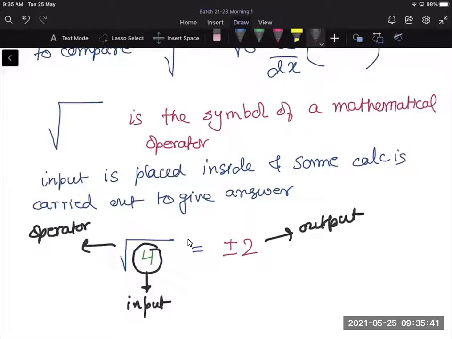If someone asks me under root 13, I'll have to carry out some calculation, but the notation will remain the same. You will have this under root symbol, and inside it you will write the number 13. Somewhere else you will carry out some calculation, and then you will write root 13 is equal to some number which you have got as a result of that calculation.